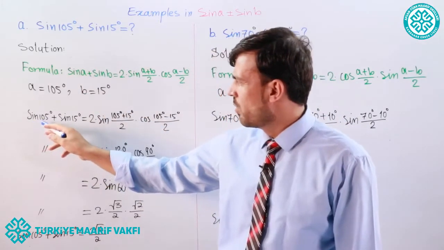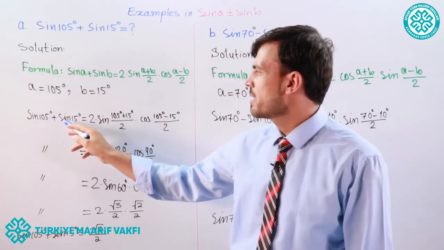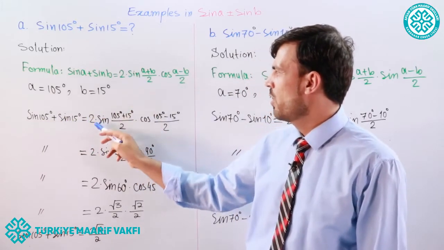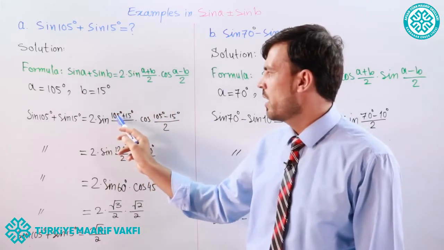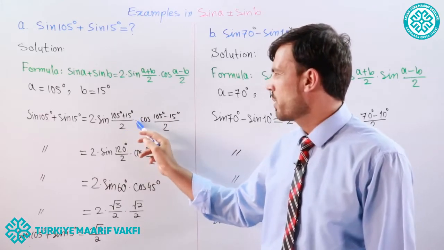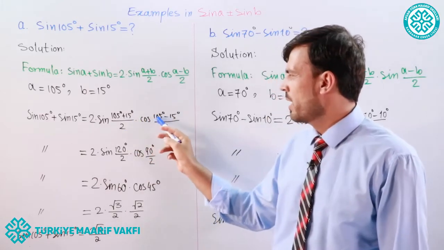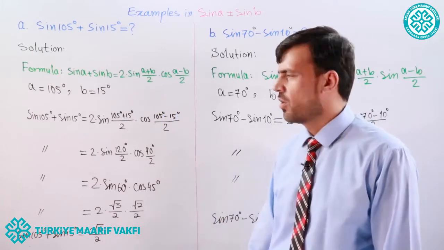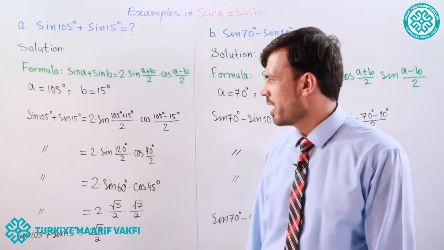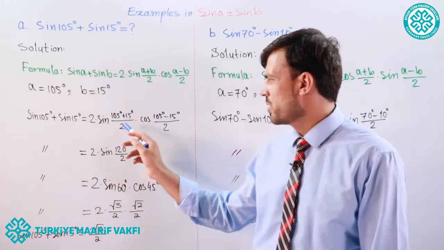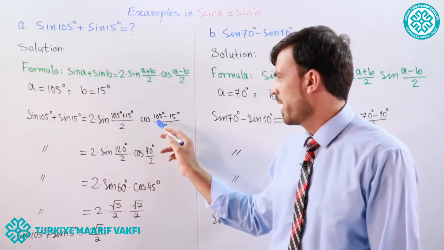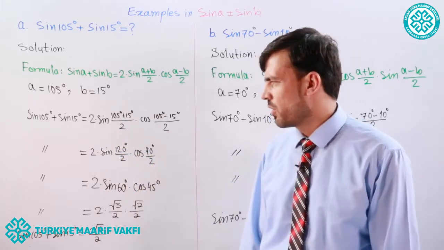So sine 105 degree plus sine 15 degree is equal to 2 sine 105 degree plus 15 degree over 2 multiplied by cosine 105 degree minus 15 degree over 2. So we can add these numbers, which we can obtain 120 degree over 2 and here 90 degree over 2.